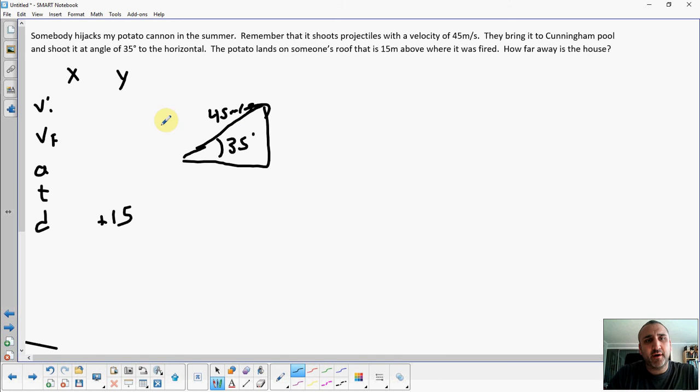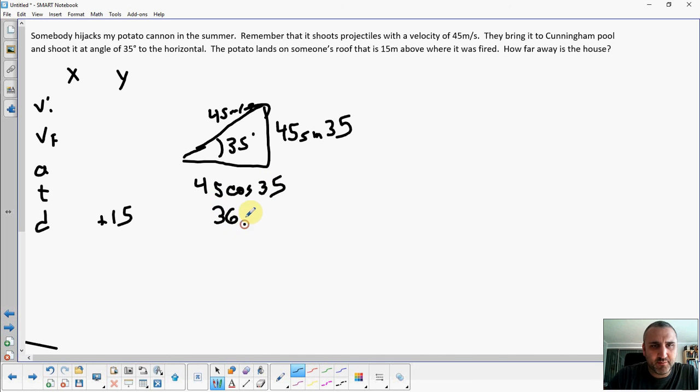45 goes nowhere in our chart. We're going to use 45 meters per second to figure out the X and Y components. To figure out the Y, it's going to be 45 sine of 35. And the X component is going to be 45 cosine of 35. And those will give us 36.86 meters per second, and this one will be 25.8 meters per second.